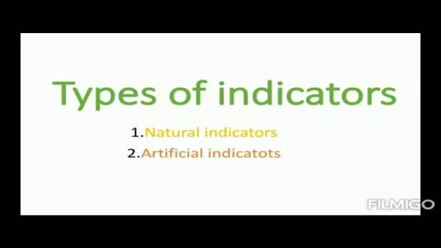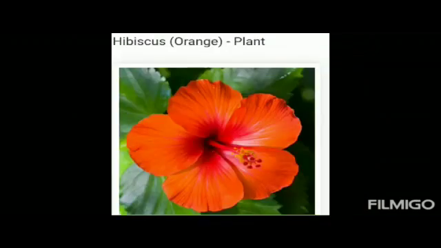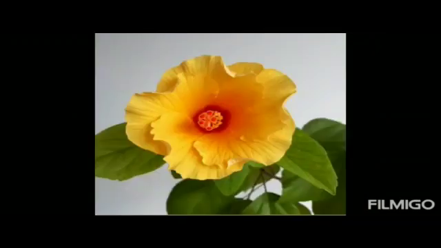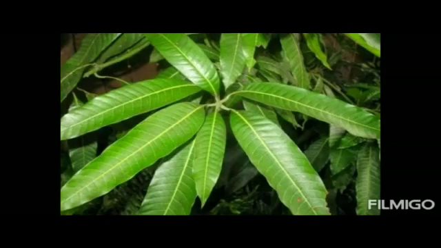Natural indicators. The natural indicators are found naturally. Examples of natural indicators are turmeric, beetroot solution, hibiscus petals, China rose, purple cabbage, mango leaf, litmus, etc.